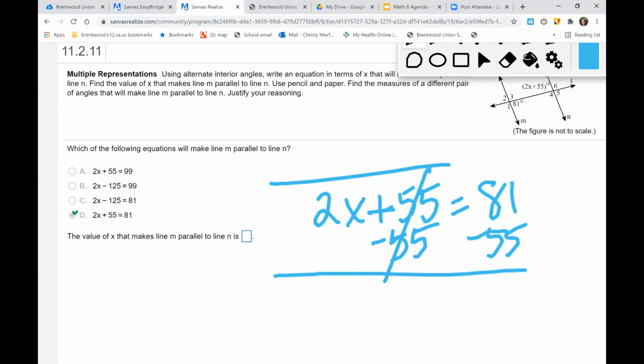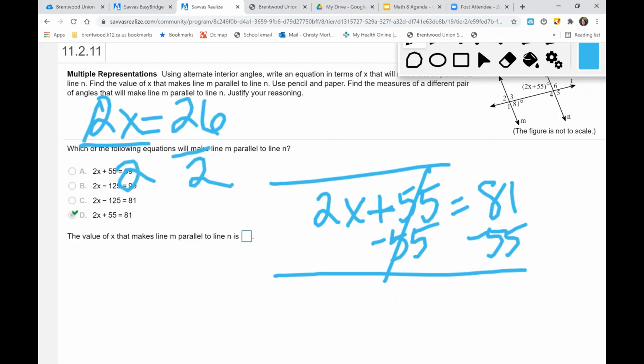Of course, you can use a calculator when you're doing this on your own. So that would leave me with just 2x on the left and on the right, 81 minus 55 is 26. And then I finish by dividing each side by 2 to get a final answer of 13.